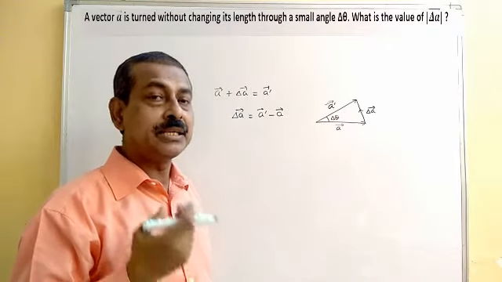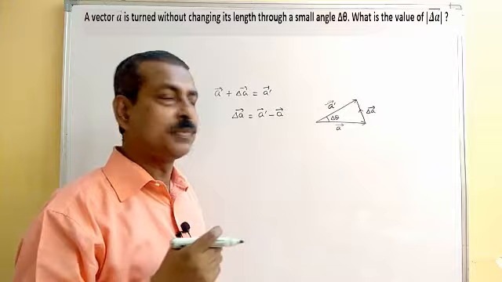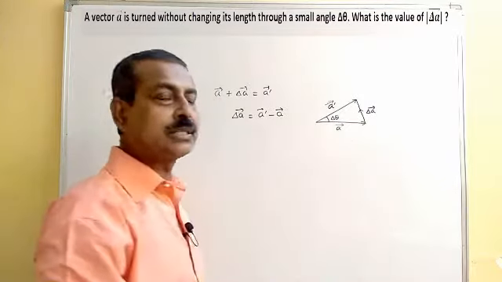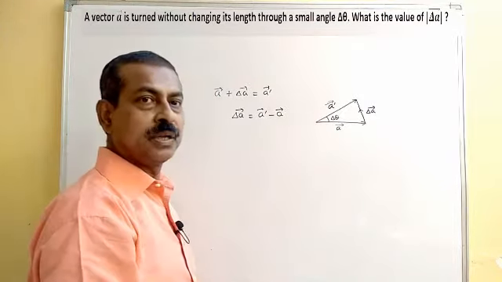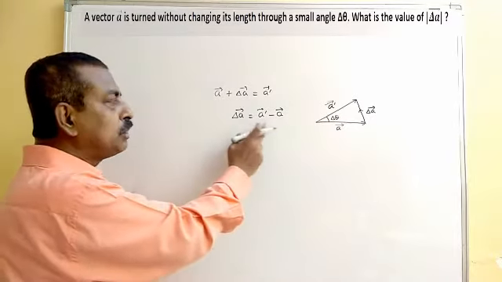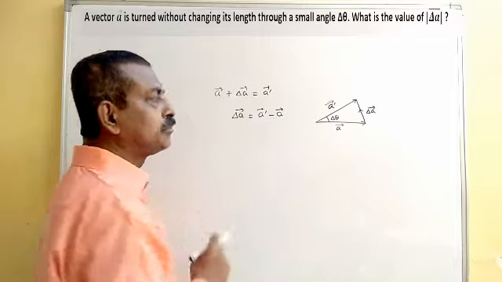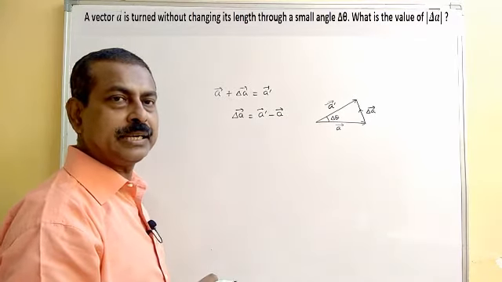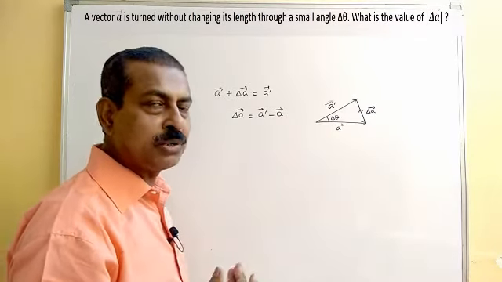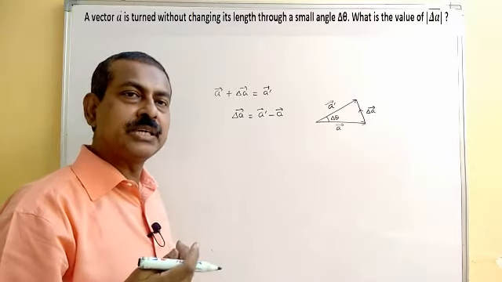But delta A vector is not 0. You can see some displacement is there, some movement is there. Now, this expression is the difference of the two vectors, A dash and A. So we can take help of the formula for vector difference.